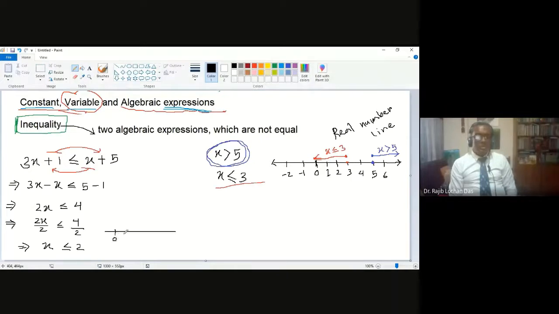It is like 0, then 1, then 2, and then 3. Just at 2, you will put one dot, black circle, and then left side, then arrow. So that will be your answer.